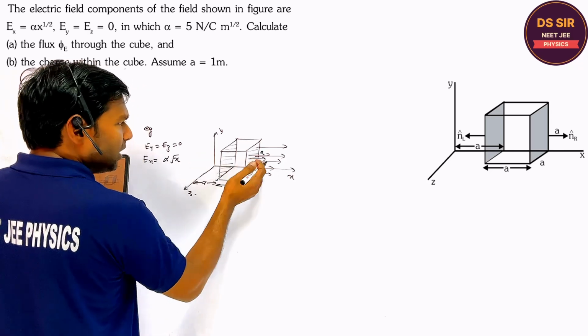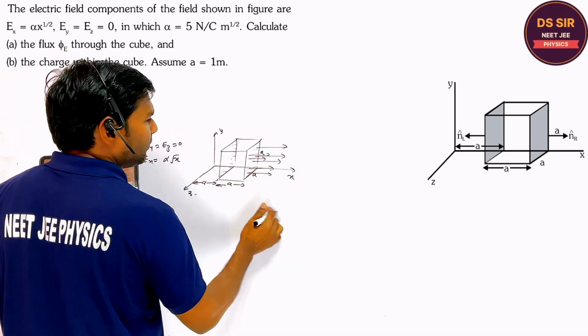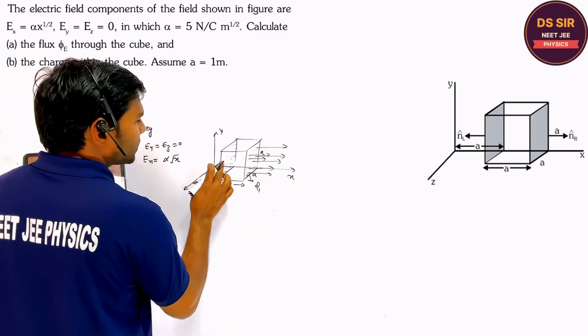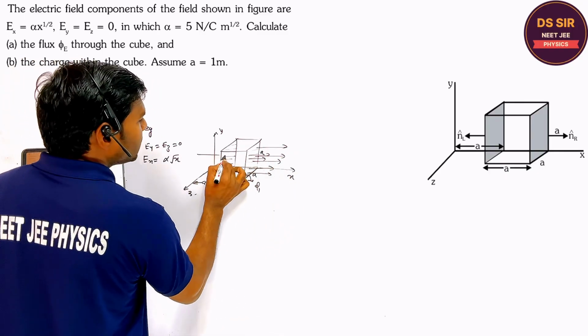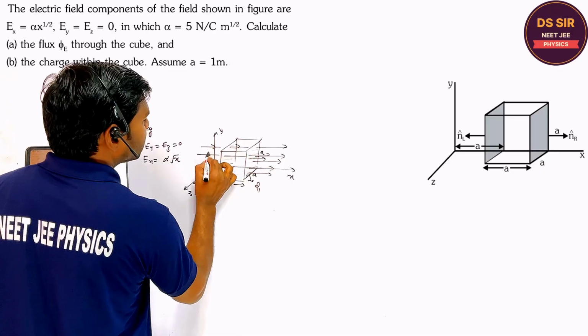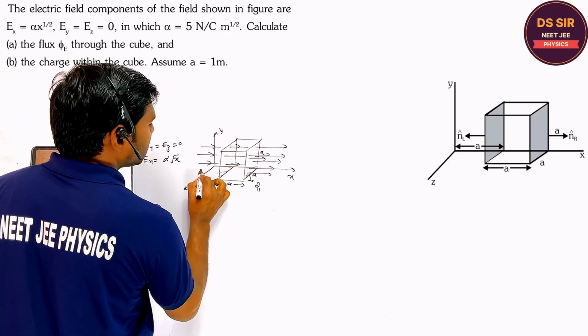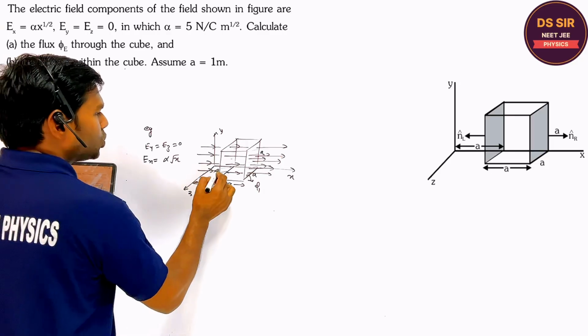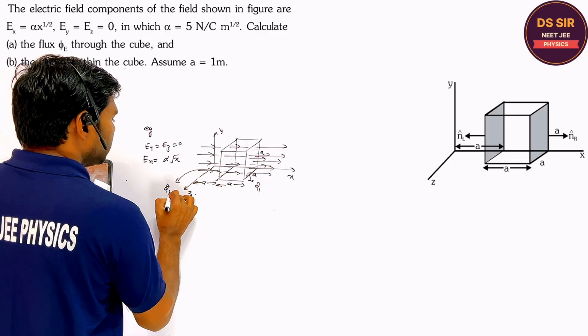Here the electric field is along the positive direction, so this is the flux phi 1, which is the outward flux. On this surface the flux is entering, and for the other surface the flux is coming out. So on this surface the flux is phi 2.